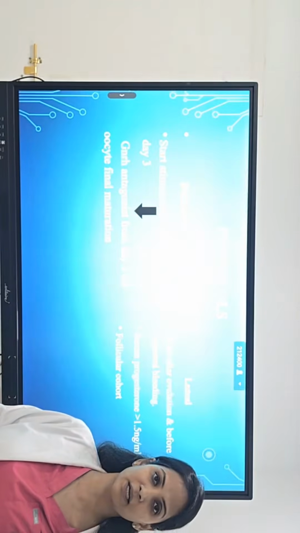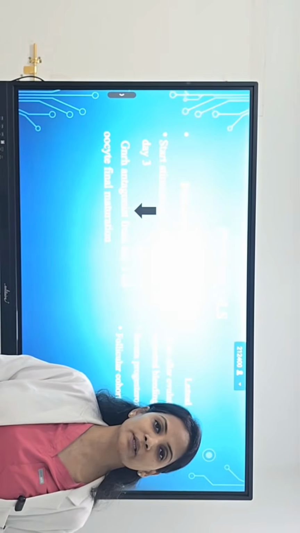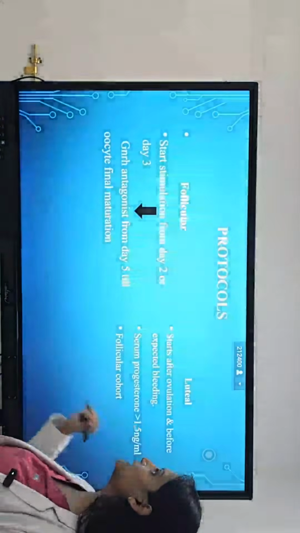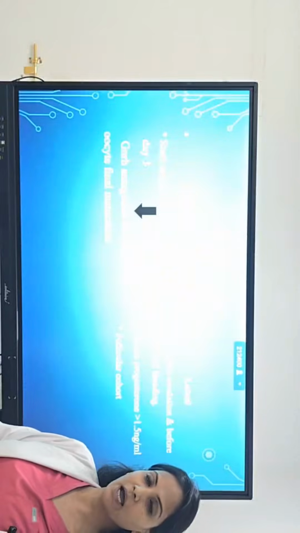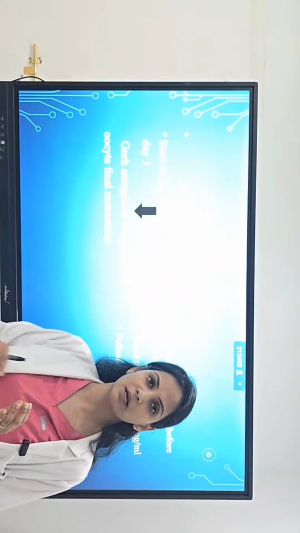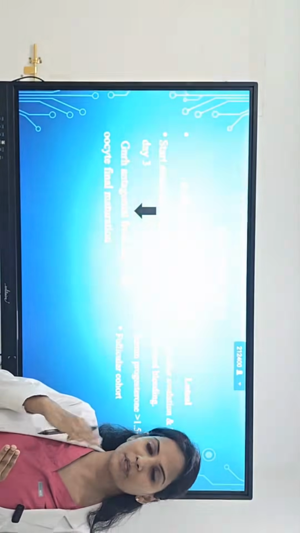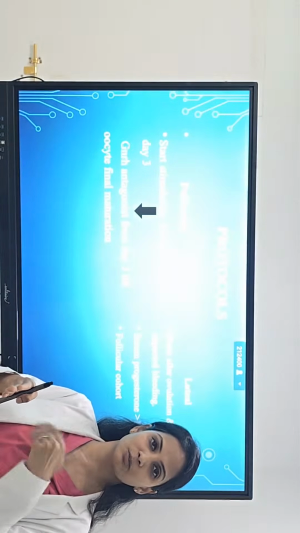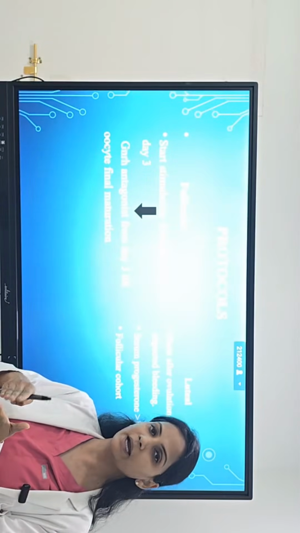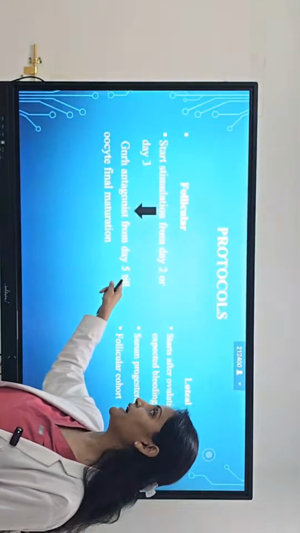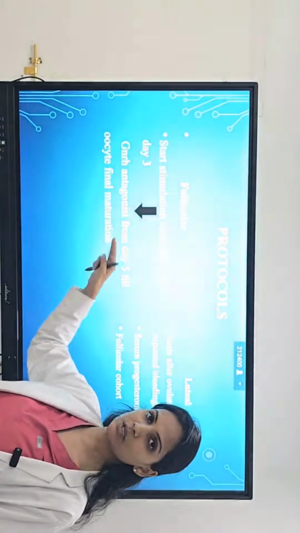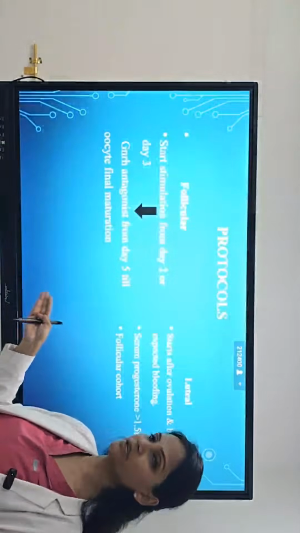If she is non-pregnant and progesterone level is more than 1.5 nanogram per ml, then we start luteal phase stimulation. And we start like this only. That day is called day 1, and after day 5 we start GnRH antagonist till the oocyte final maturation occurs.